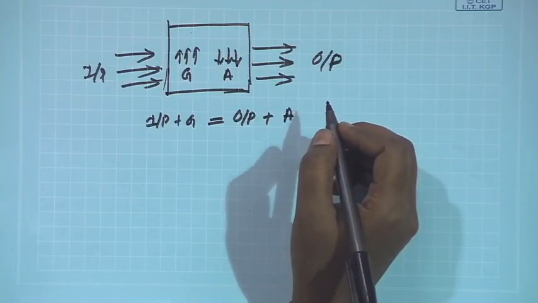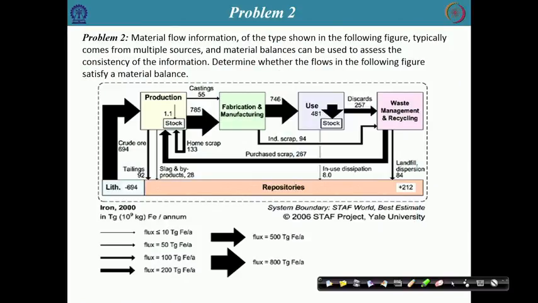The problem is: material flow information of the type shown in the following figure typically comes from multiple sources, and material balances can be used to assess the consistency of the information. Determine whether the flows in the following figure satisfy a material balance.